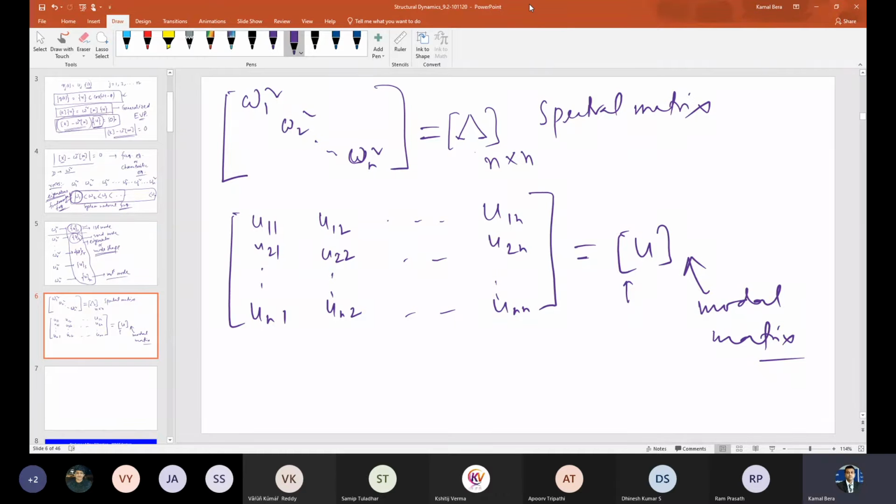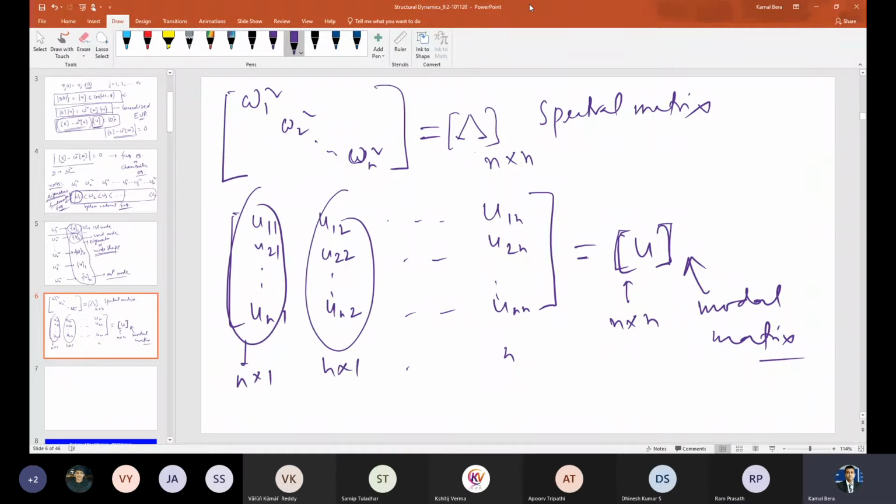N cross N, because each column is n cross 1, and similarly there are n columns. These represent the first mode shape, second mode shape, up to the nth mode. Spectral matrix, modal matrix. Correct.